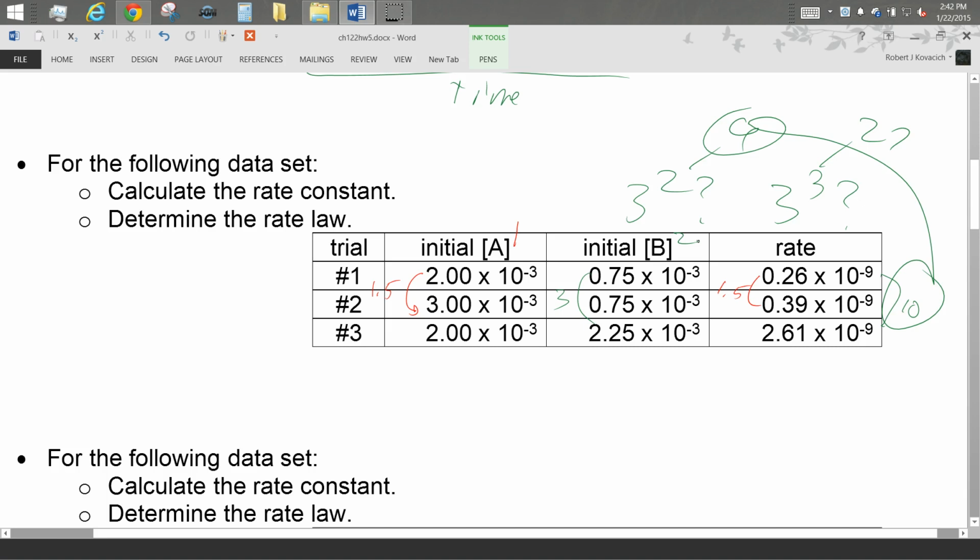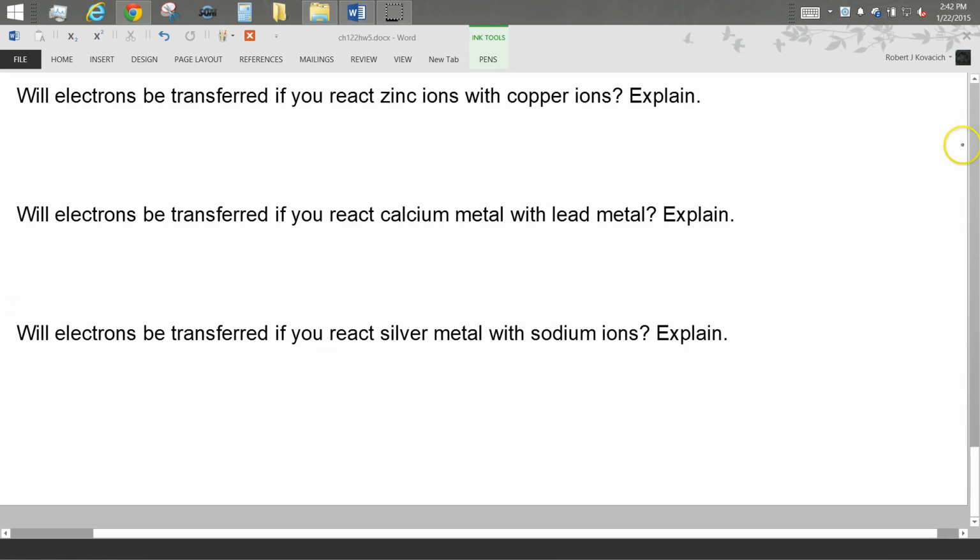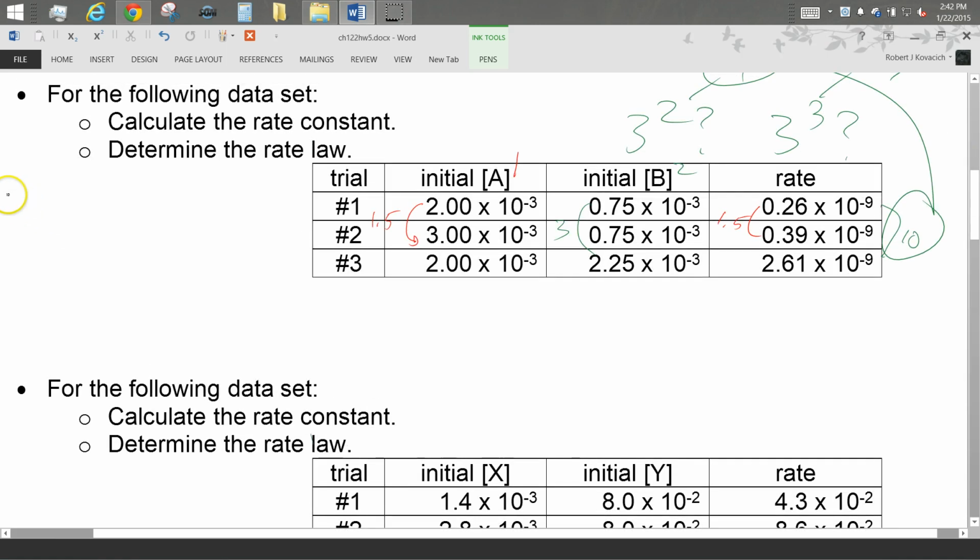And so I need to figure out what the K value is. K is equal to rate divided by A to the first and B to the second. And so my K value, you could pick any trial you want. I'm just going to pick the first one because it's the first one. So 0.26 times 10 to the negative ninth, divided by 0.002 and 0.0075, and I'm going to square that.